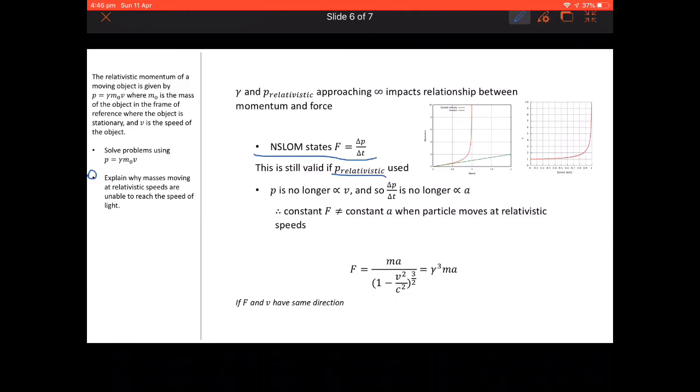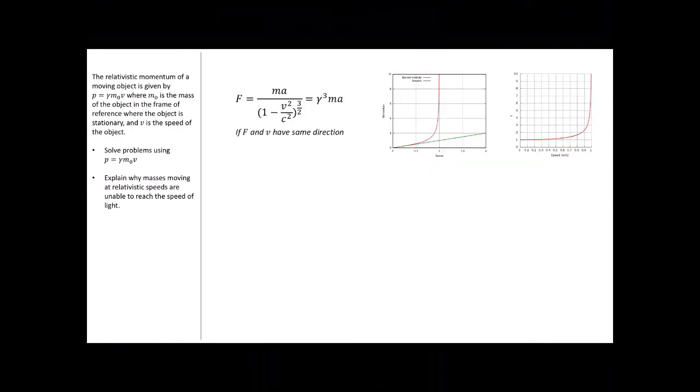So instead, our equation for force is this one here. And this applies if the force and velocity have the same direction. Force is equal to the Lorentz factor to the power of 3 times mass times acceleration.